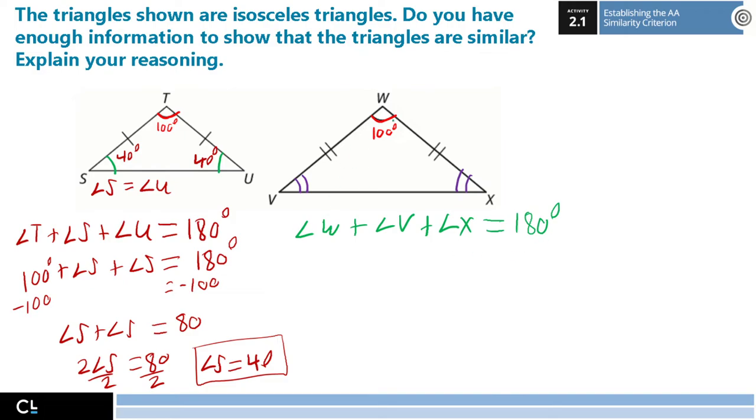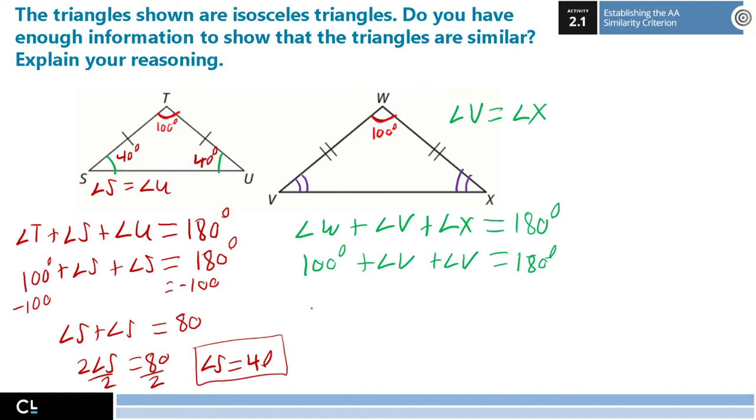Once again, we know that angle W is 100 degrees. Plus, I'm going to say angle V plus angle V equals 180. And why am I able to do that? Because we know that angle V is equal to angle X. Right? They're congruent, so they're equal.